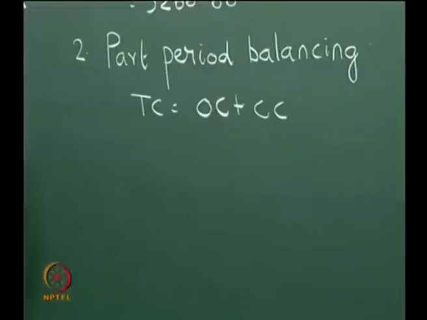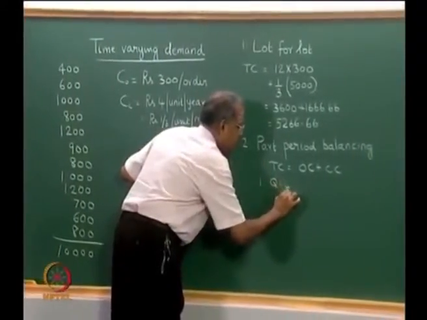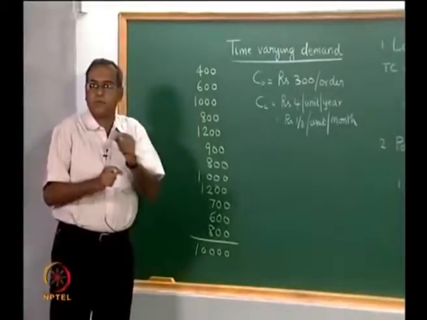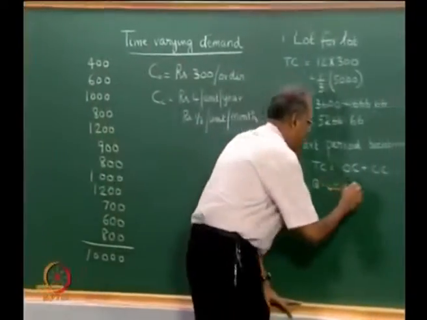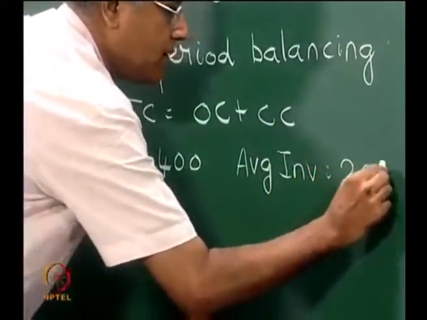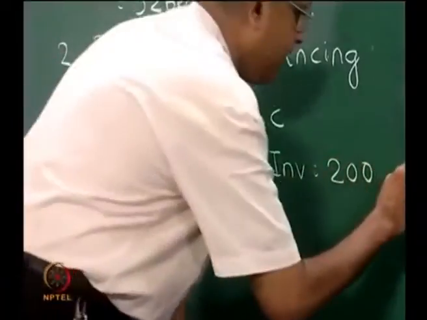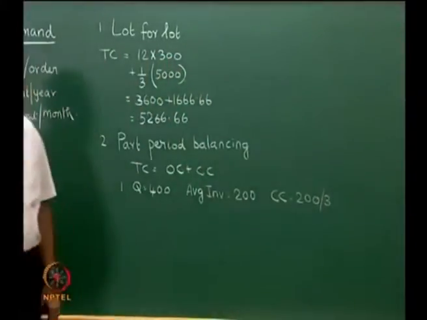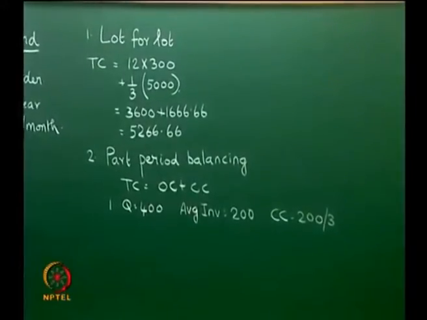First, we look at this period and say order quantity Q is equal to 400, which means we are ordering only the first month's demand. The average inventory is 200, and the carrying cost is 200 divided by 3. Now we see whether we can order 1000 here.